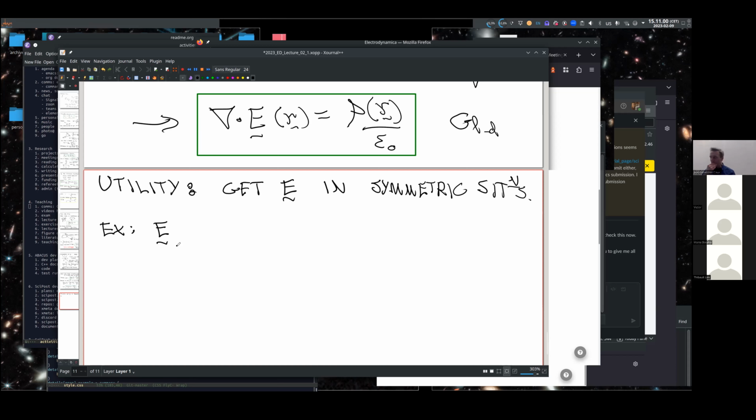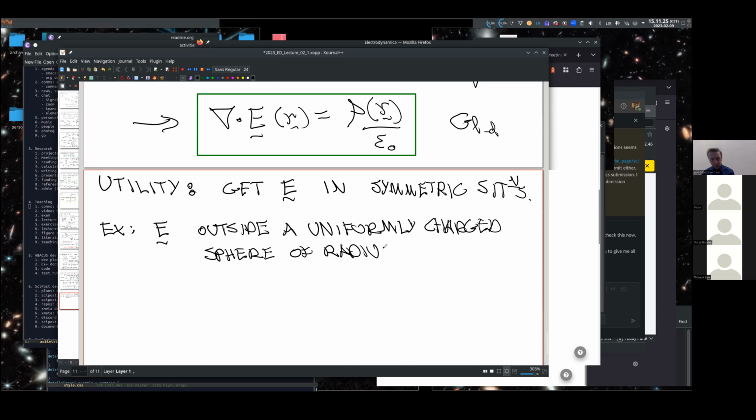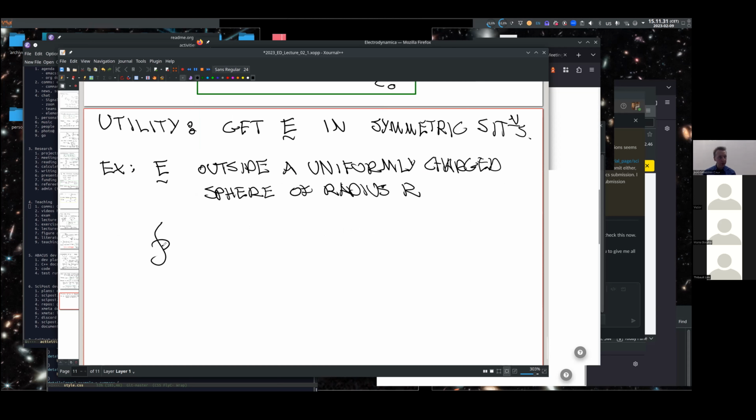So for example, E outside a uniformly charged sphere of radius R. What do you do? We compute the closed integral of E dA on a certain surface that is to our choosing.